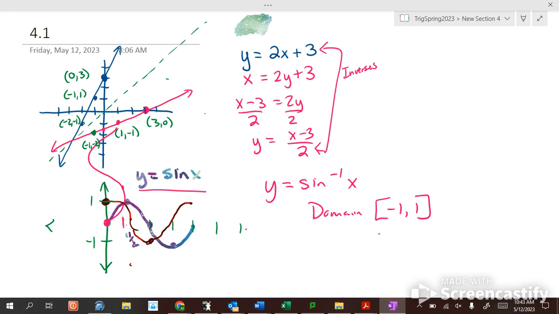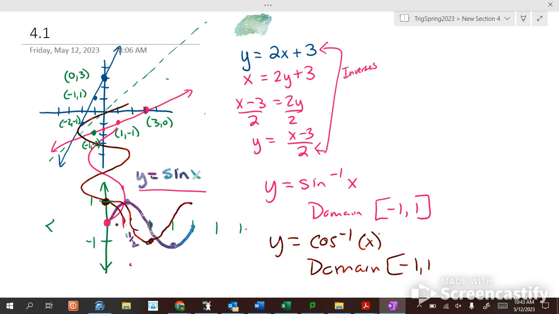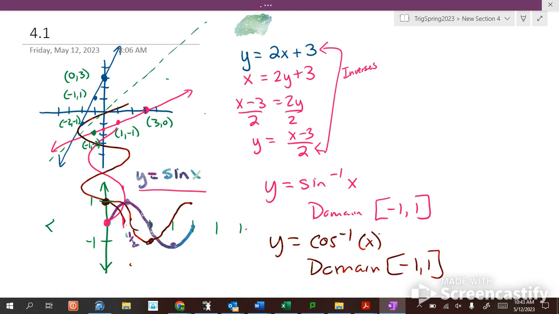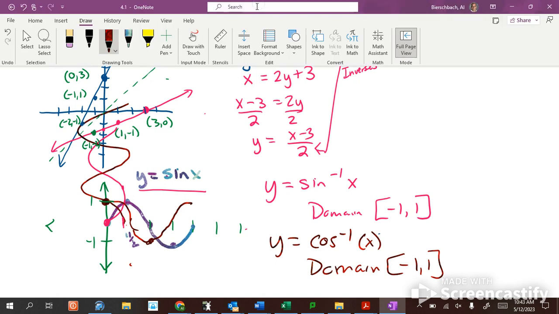Inverse cosine would look like that. So it would look something like this. Okay? So if y equals the inverse cosine of x, its domain would also be between -1 and 1. Now, let's see if we can remember what the inverse of tangent looks like.